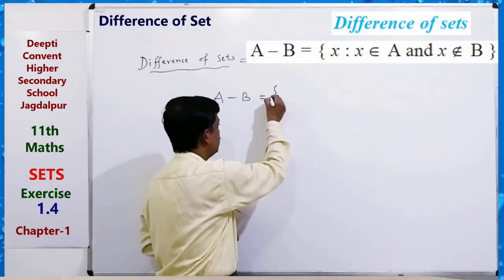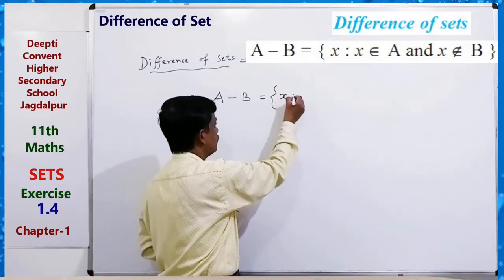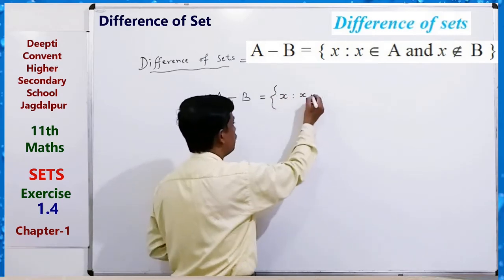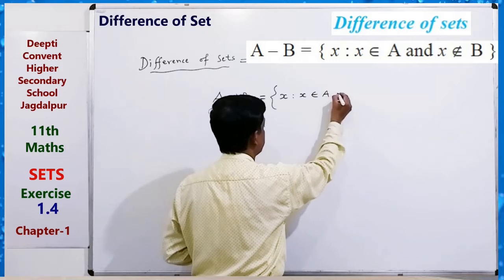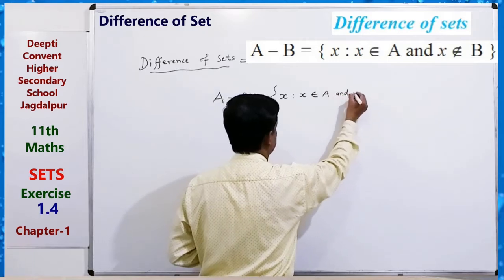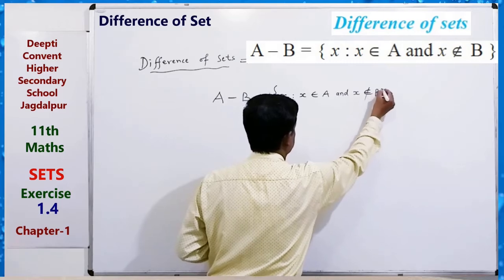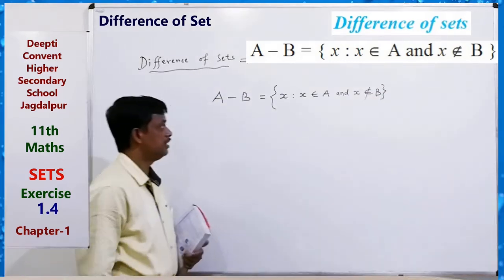That means this set contains all the elements which belong to A and do not belong to B. Clear?